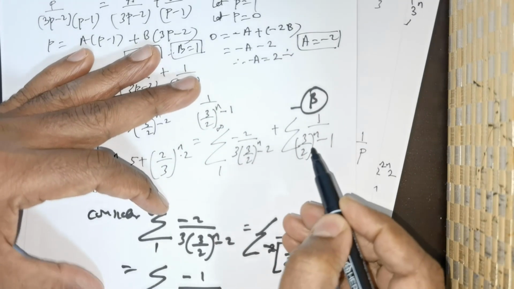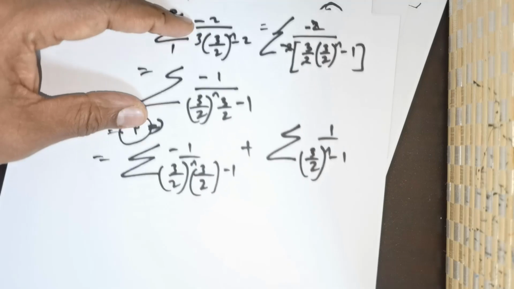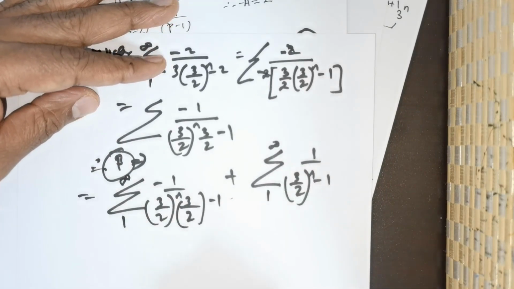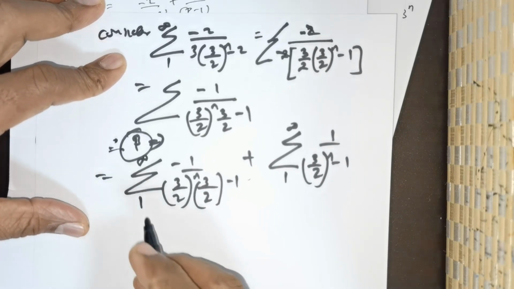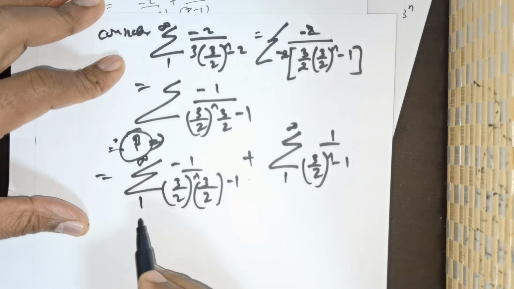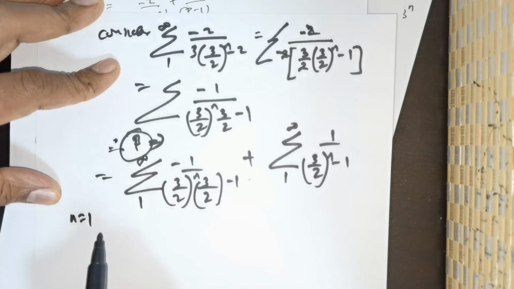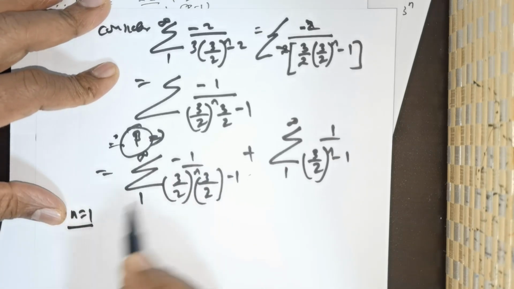So this is the term I am talking about, this term and this term. Okay, so 1 to infinity. Now what we need to do is substitute when n is equal to 1 and find the sum.